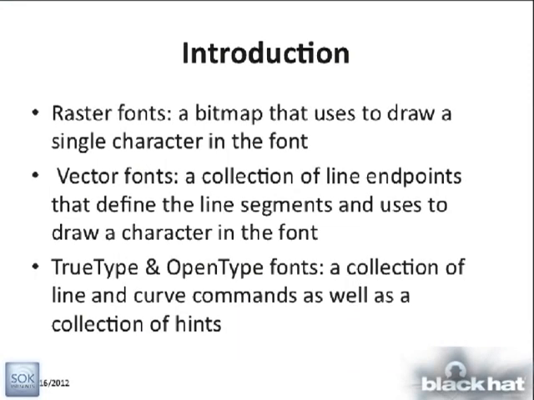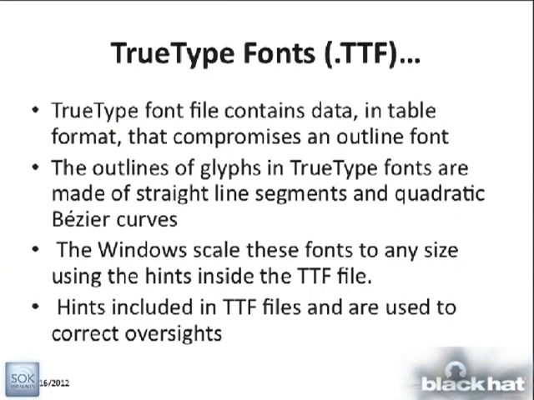Raster fonts are used to draw single characters, whereas vector fonts define line segments and draw the characters in the font. Last but not least, TrueType or OpenType is a collection of line and curve commands, and also hints. But today we will just cover the TTF font file and the Microsoft bitmap font.